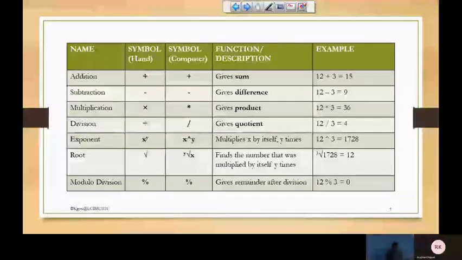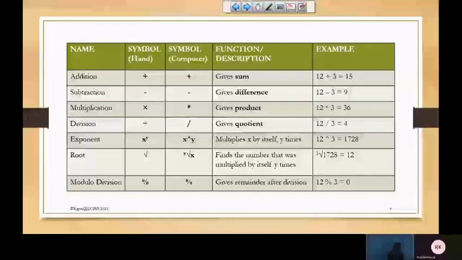The symbol is there, and in the computer you would write it similarly. And then finally we have the modulo division. Modulo division uses what looks like a percentage sign. But the thing about it is you'll see it will be in the middle. It is represented as an operator inside an operation. So you'll be able to see that this is not percent, it's actually an operation.